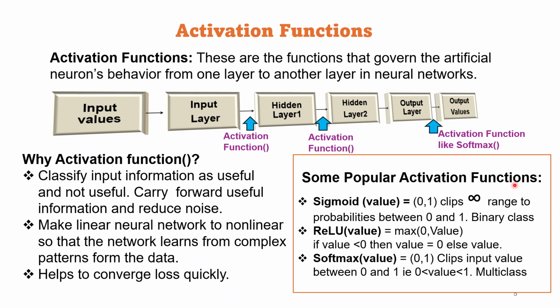ReLU clips the value to the max of 0 and the value. If value is less than 0, then make it 0, else value remains as it is. This ReLU activation function can be combined with dropout regularization techniques which we saw in part 1 of the video.